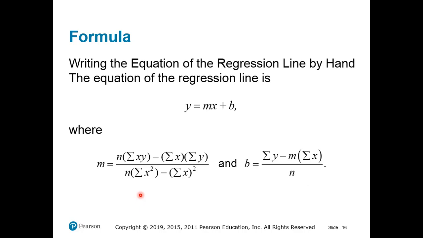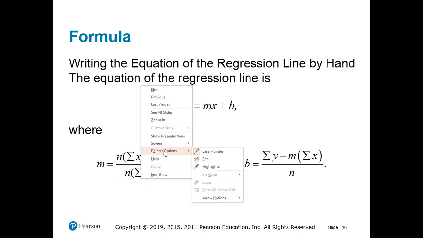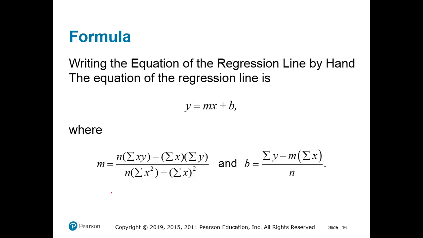Okay, now, I'm going to give you also some other, easier formulas to remember. The slope is also equal to R times the standard deviation of the Y's divided by the standard deviation of the X values.